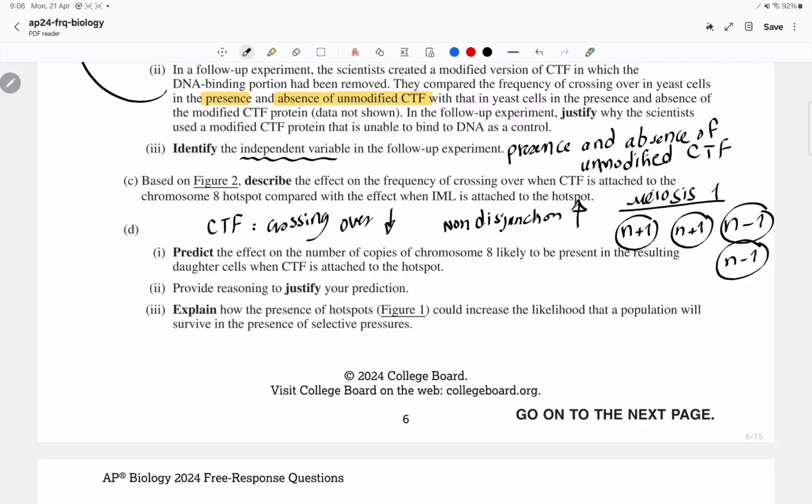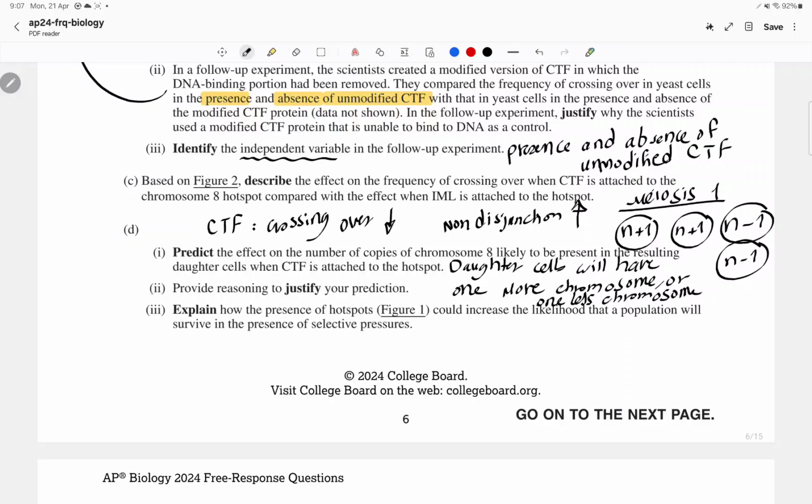We're going to say that the daughter cells will have one more chromosome or one less chromosome. Okay, because N plus 1 means one more chromosome and minus 1 means one less chromosome.